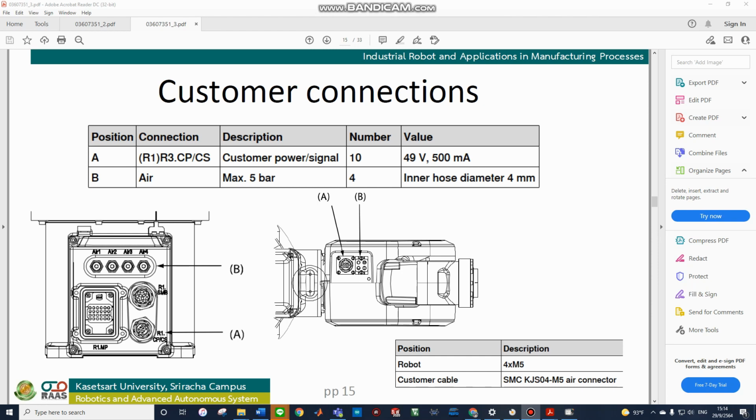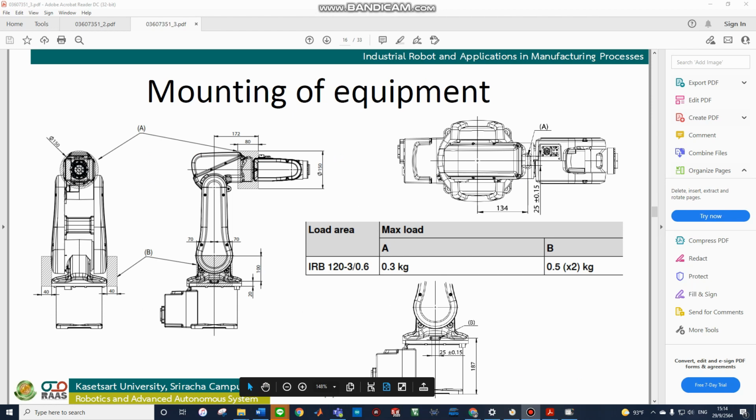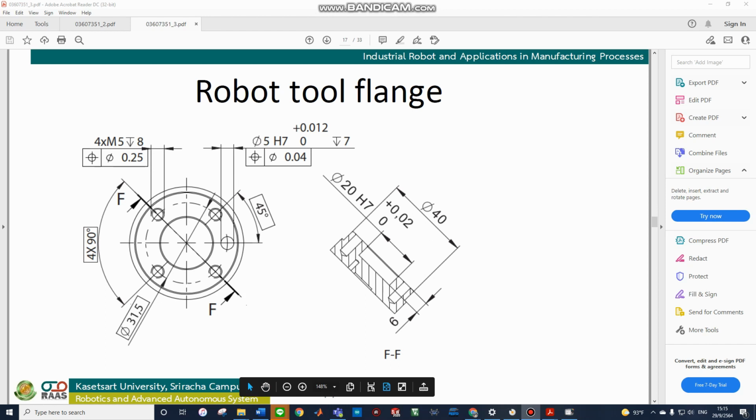And here is the customer power signals number 10, value is 49 volt and 500 milliamp. Position robot describe 4x M5. Mounting of equipment is max load A and B. A is 0.3 gram, B is 0.5 multiply 2 gram.